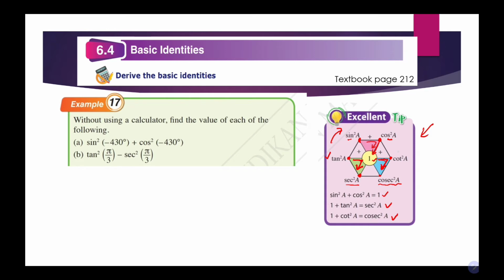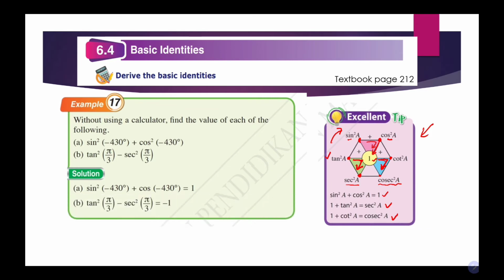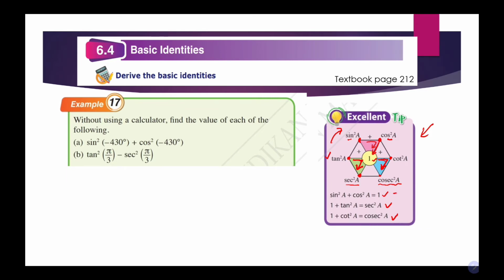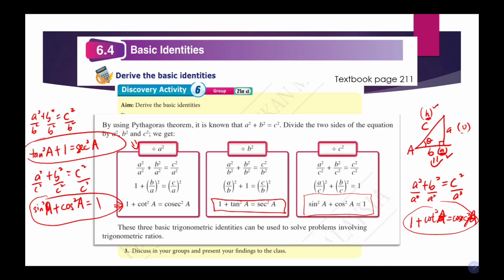If you find it hard to remember this, it is basically from this: sine square A plus cos square A equals 1. How can I get the others? We divide each term by a different denominator, as you have seen in the previous screen, dividing by a square, b square and c square, and we'll get different identities.